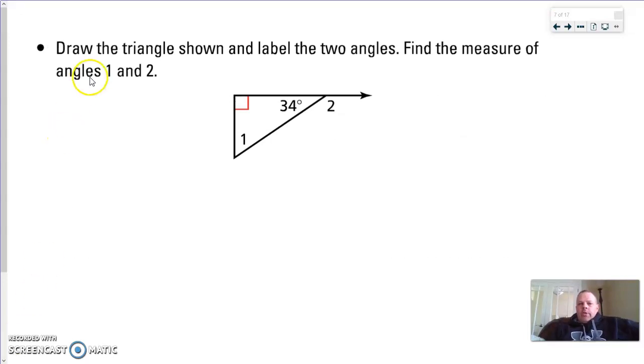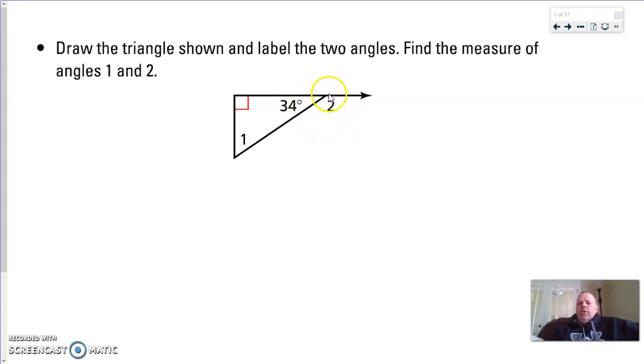In this activity, you can draw the triangle shown and label the 2 angles angle 1 and angle 2. We will find the measure of angle 1 and 2. One thing that we know is we can get angle 2 really quickly because this is a straight line. So we will know that 34 plus angle 2 will equal 180 because of that straight line.